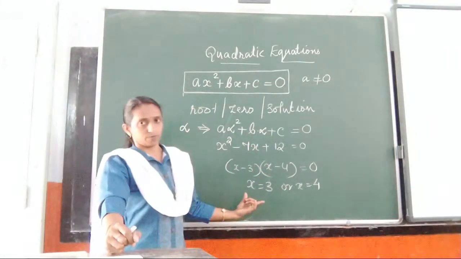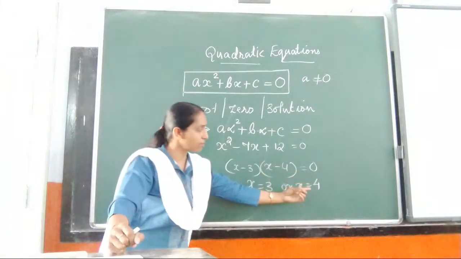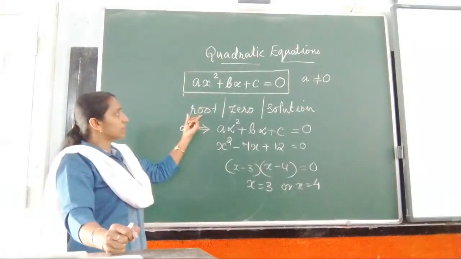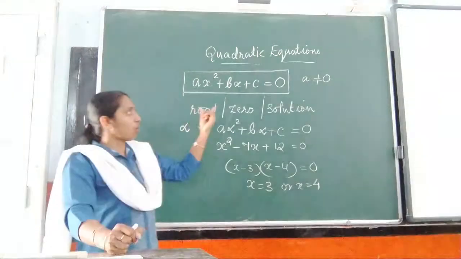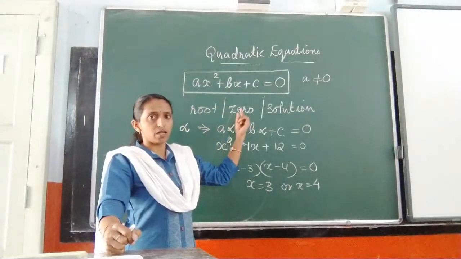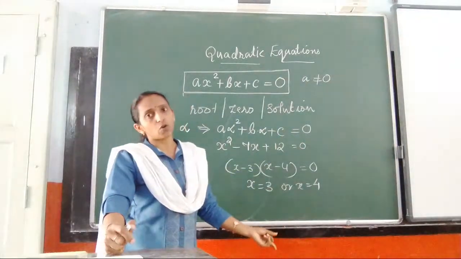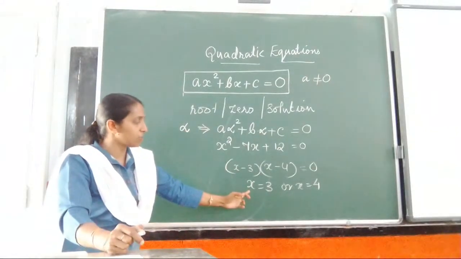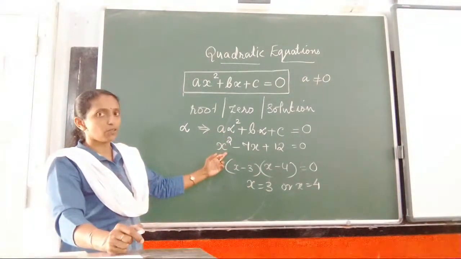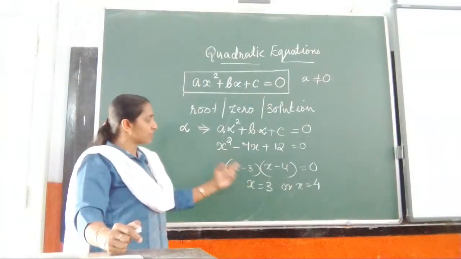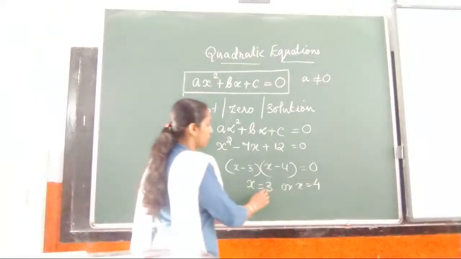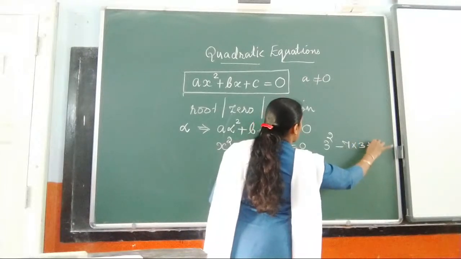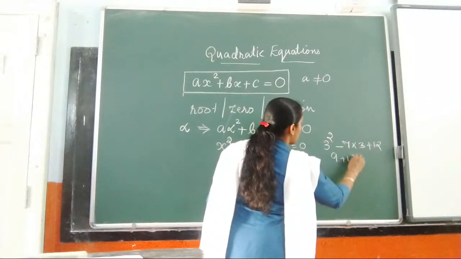These values, x equal to 3 or x equal to 4, are known as the roots of the quadratic equation, or zeros, or solutions of the quadratic equation. It implies that when we substitute the value of x in this equation, say 3 square minus 7 into 3 plus 12, what will you get? 9 plus 12 minus 21.